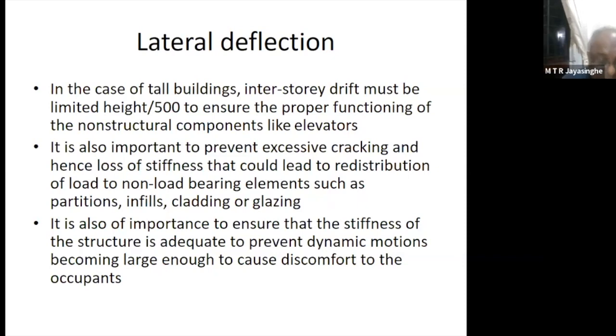The biggest drawback with steel is elastic modulus does not change. Even with high strength steel, elastic modulus is still 200 kilonewtons per millimeter square. Whereas concrete, as you improve the quality of concrete, go for higher strength concretes, the stiffness of the structure increases because elastic modulus increases.